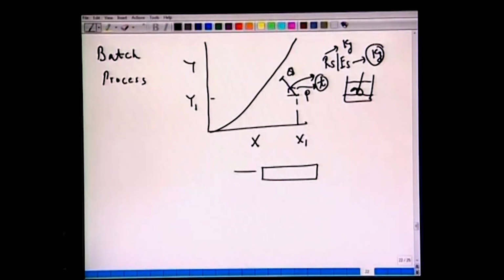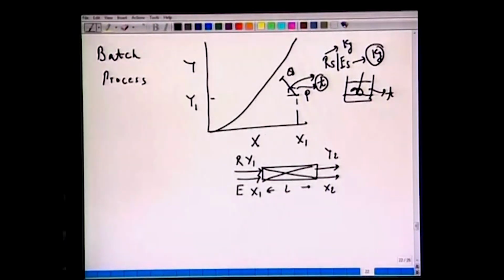So we bring the two phases here, R and E, and give them sufficient time. The composition changes from, say, y1 to y2, and for this E phase, the composition changes from x1 to x2. Now instead of length, all we are saying is that we are giving them some time t.